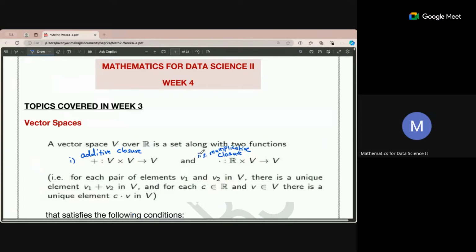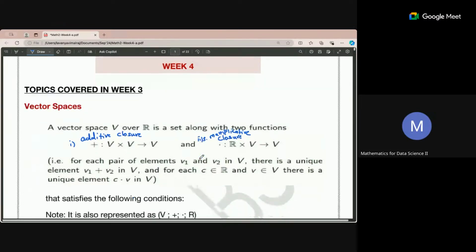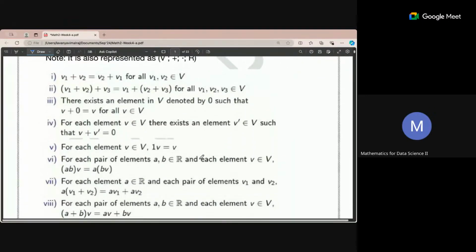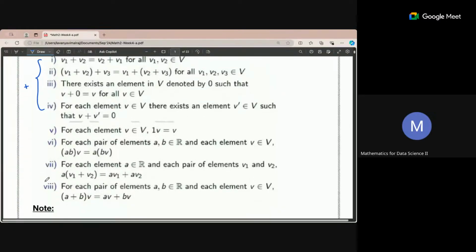And once you verify additive closure and multiplicative closure, then you look at all these axioms, right? The first four axioms correspond to addition, and the fifth and sixth correspond to scalar multiplication, and these are associative properties, right? When these are combined, what happens?